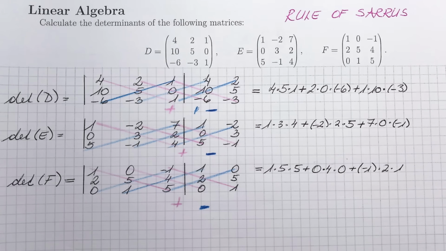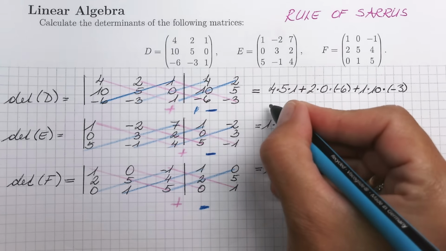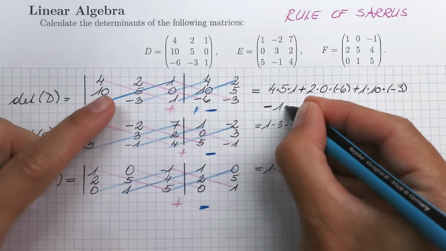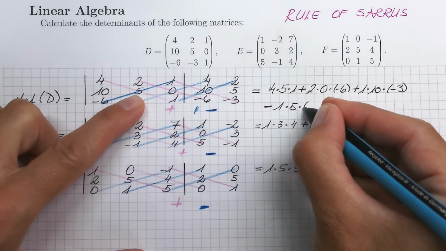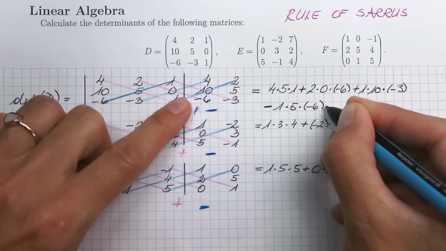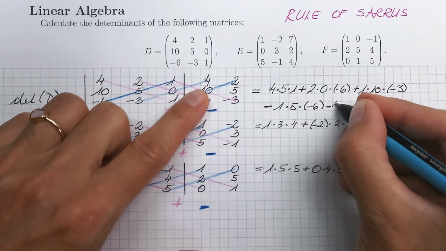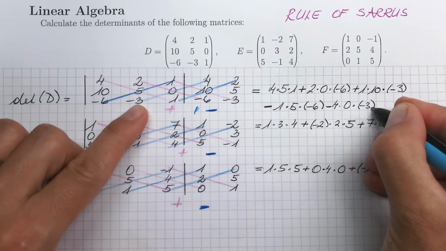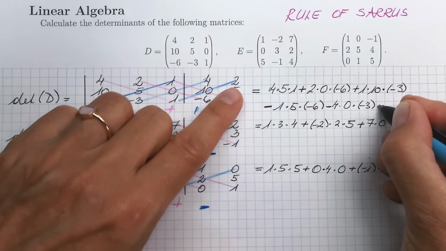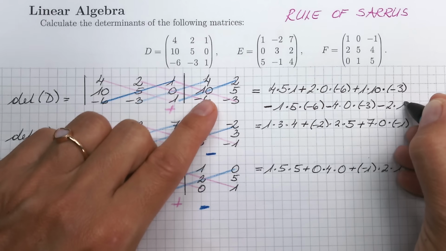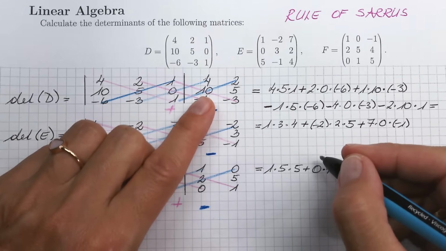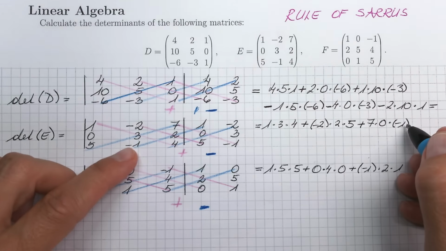Now let's do this. Here then we have minus 1 times 5 times minus 6, minus 4 times 0 times minus 3, minus 2 times 10 times 1. I'm going to calculate this. Now we're here.